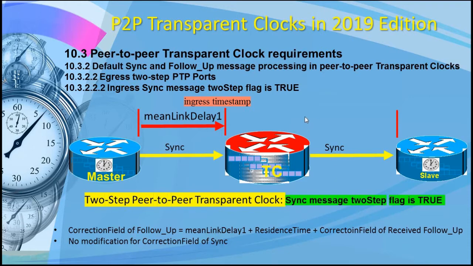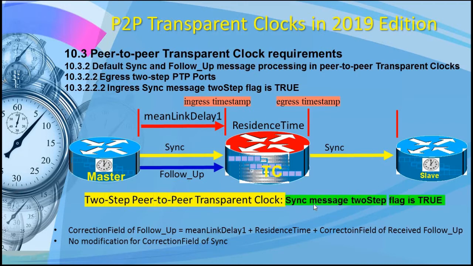When sending out the sync message, it generates the second timestamp, called the egress timestamp. Then it does the calculation for the resident time. Resident time equals egress timestamp minus ingress timestamp.